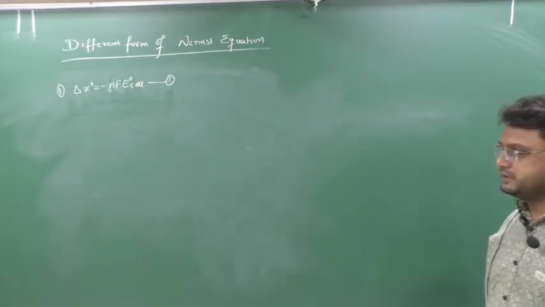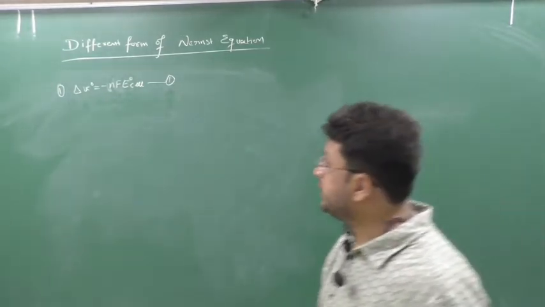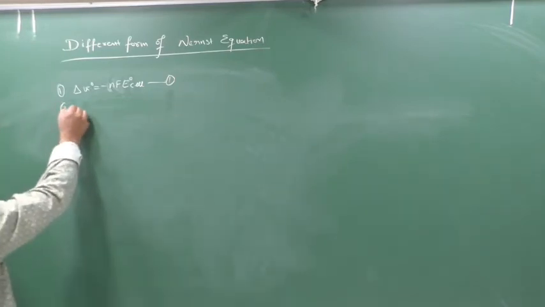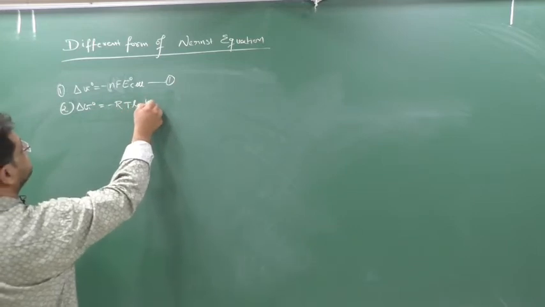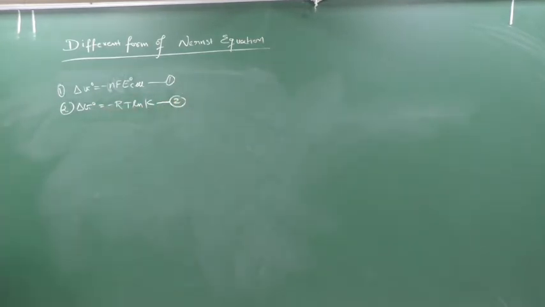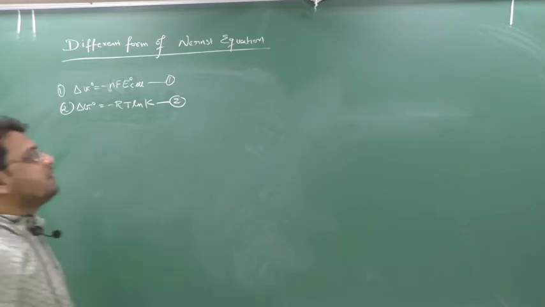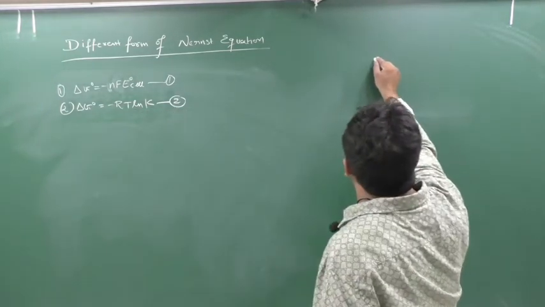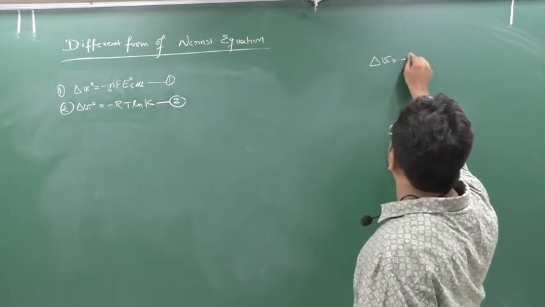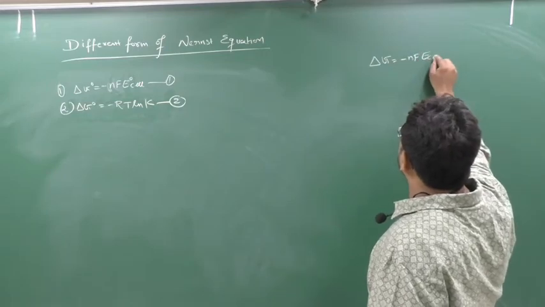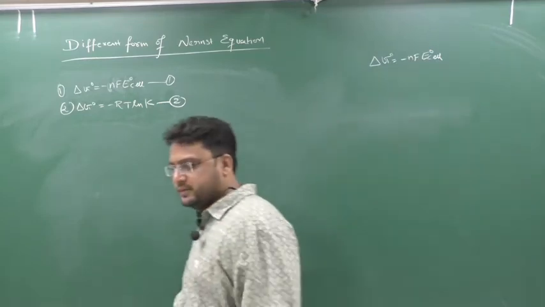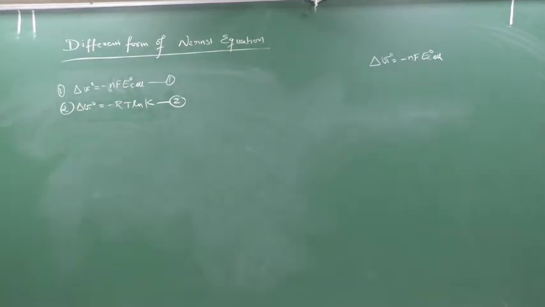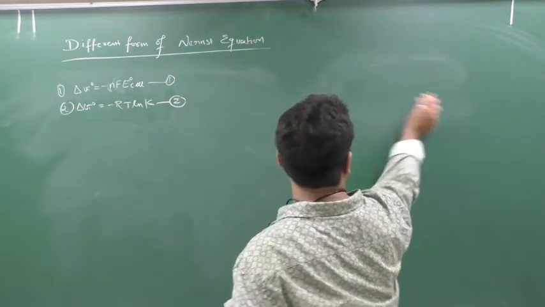This is from thermodynamics, and from equilibrium you have also studied delta G naught equals minus RT ln K. Actually the formula is delta G equals minus nFE cell, yes or no? This is also correct. This 0 indicates the standard state, that is it. So minus nFE naught cell.